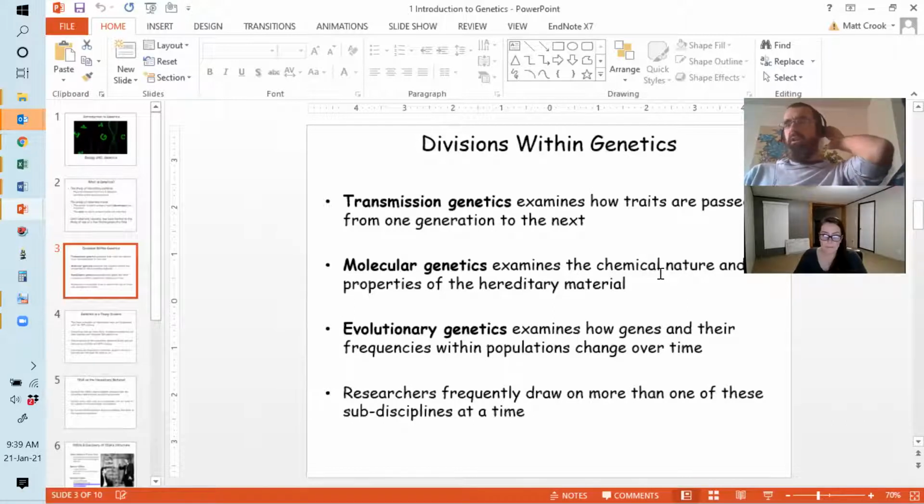Oh, and also in this course, we're going to be focusing on the first two: transmission genetics and molecular genetics. We're not going to be touching at all on evolutionary genetics. That's what you will study in evolution. The evolutionary and population genetics is split off and put into the evolution class.